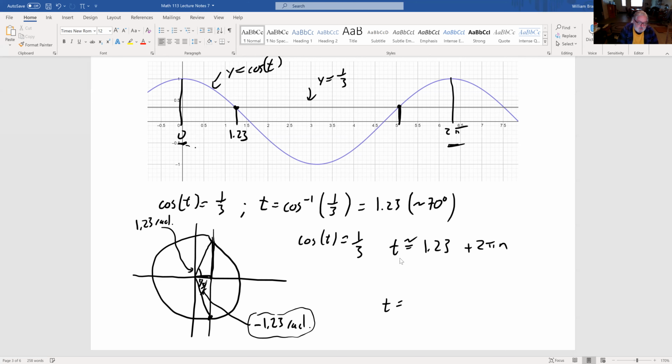That's our base cycle. So what angle is that? We go all the way around looking for this angle. We know the entire angle is 2 pi. So our second solution is 2 pi minus 1.23 radians, which gives me this angle, and that's about 5.05 radians.